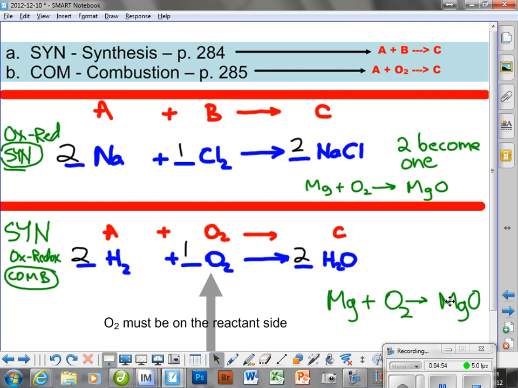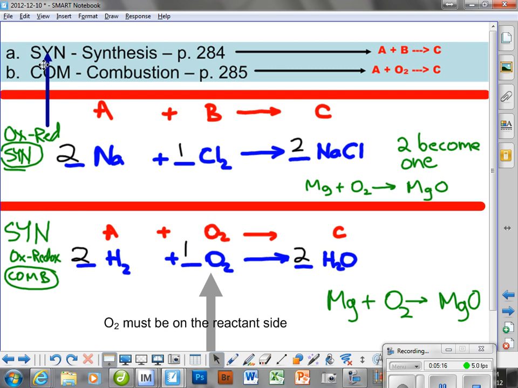Now, in this slide, over here in this area, I have put down exactly what you're going to do on your little sheet for balancing equations that you did last night. So I've got two classifications here. One of them is not explained on this page.